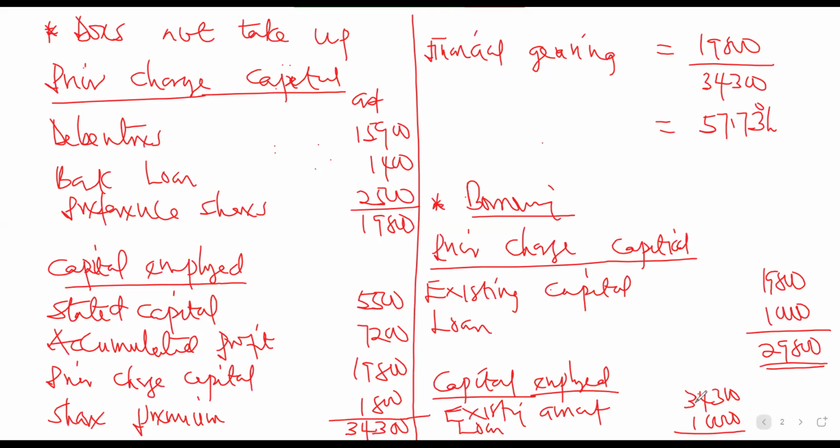Without undertaking the investment, this is our existing amount, 19,800. But if you want to undertake the investment, your existing capital will be increasing by 10 million. Okay.